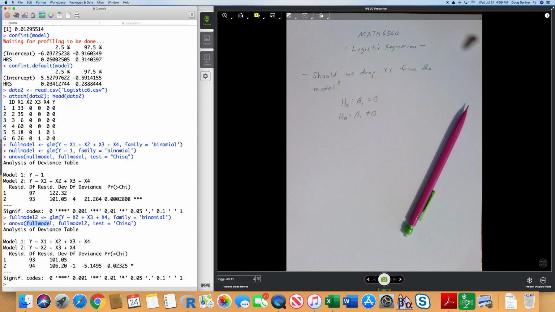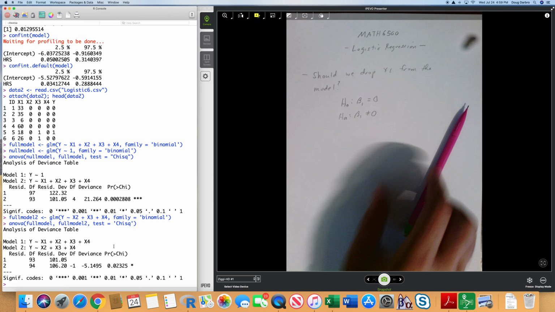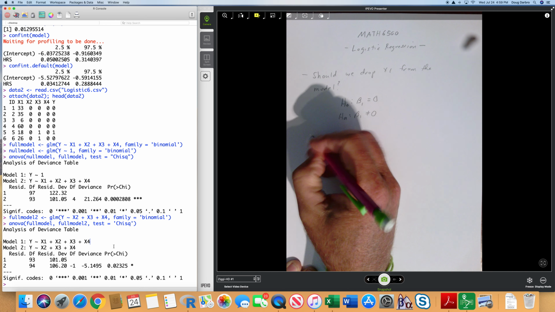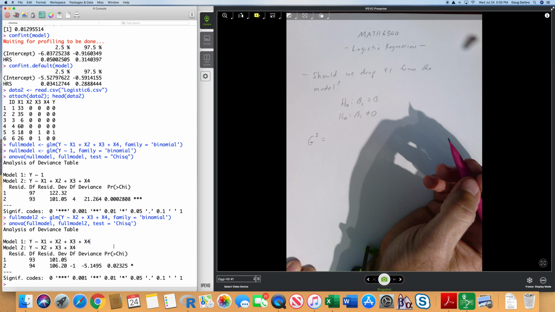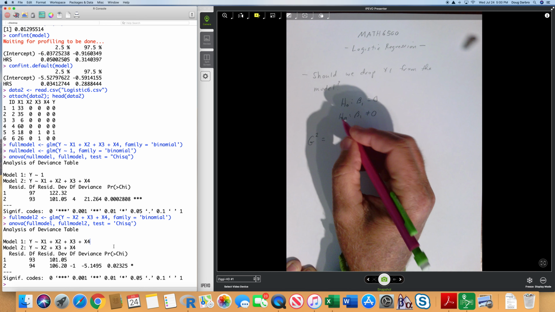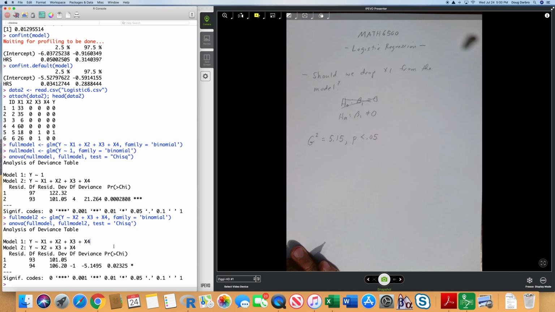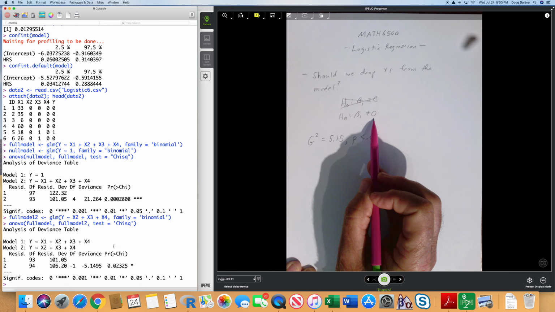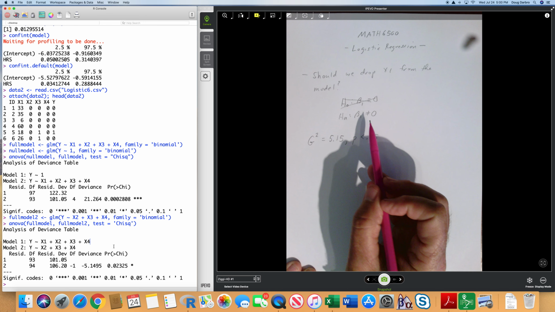So anyway, most importantly, what we would say here is that our G squared, which is the test statistic for the likelihood ratio test, is 5.15 with a p-value that is statistically significant at the 0.05. So this would lead us to reject the null hypothesis, telling us that beta 1 is not equal to 0, so it has, quote unquote, a significant value.